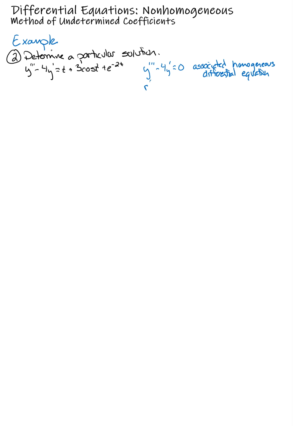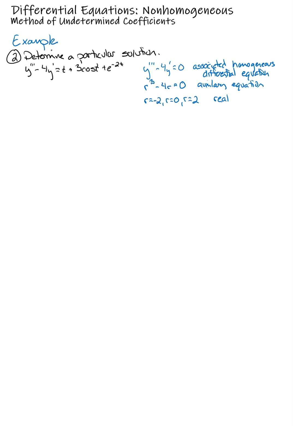And r cubed minus 4r equal to 0 is what we call the auxiliary or characteristic equation. Now this characteristic equation has the roots. If we solve that, we get r is equal to negative 2, r is equal to 0, and r is equal to positive 2.